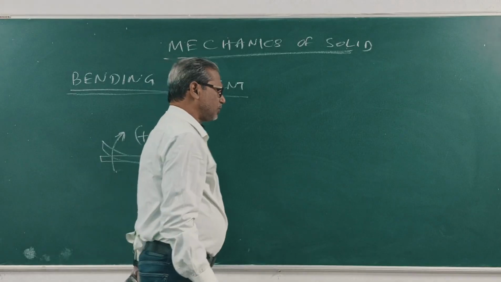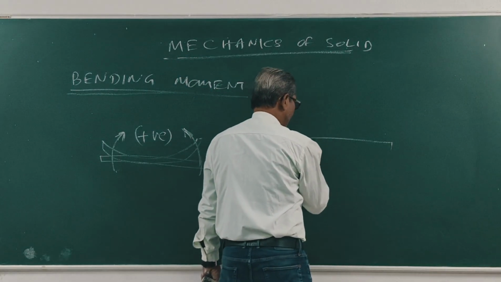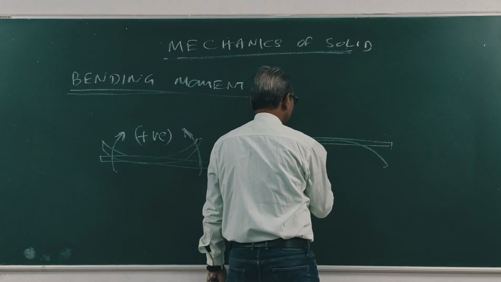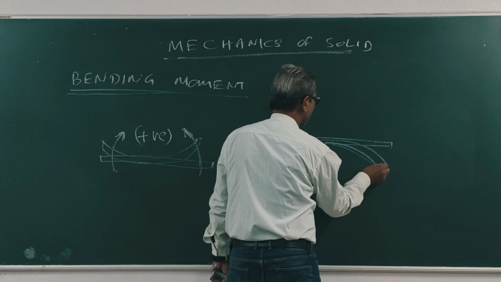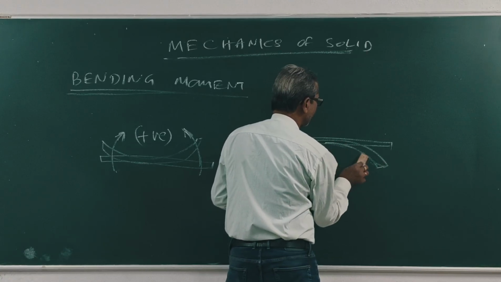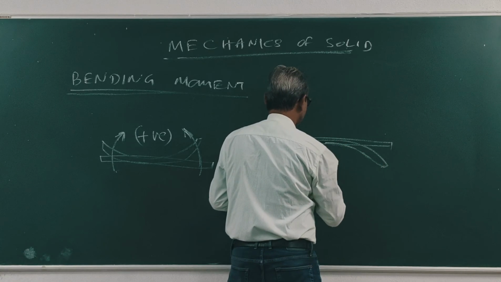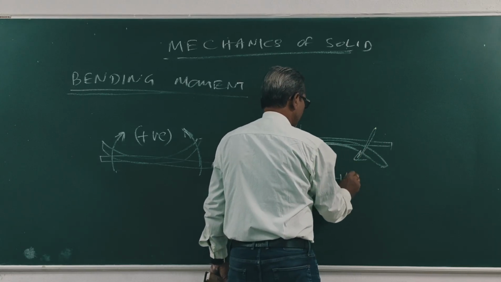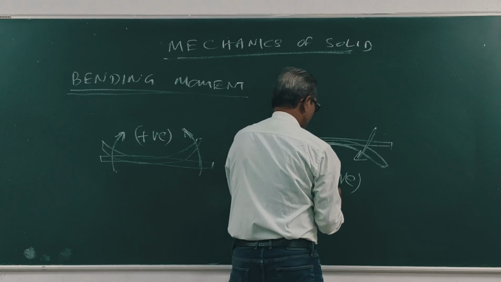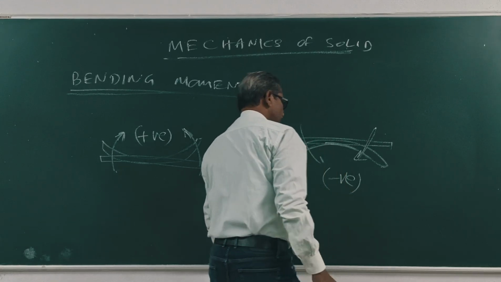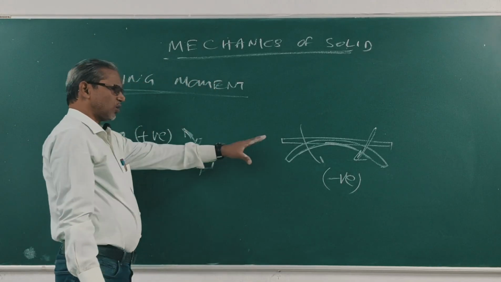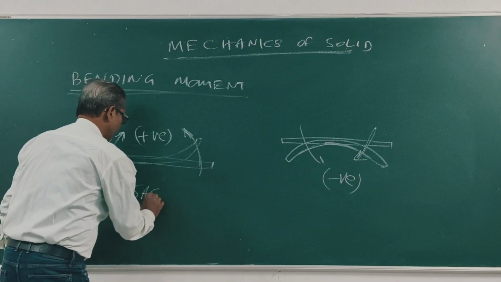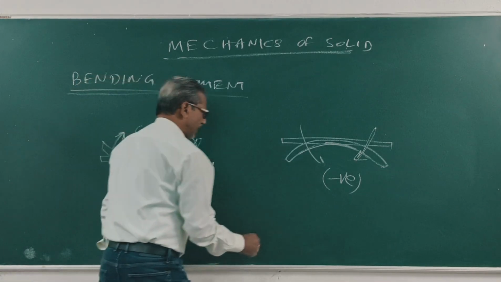Concavity at the top is positive. Similarly, convexity at the top is negative. Concavity at the top positive, convexity at the top negative. That means this is called sagging. This is called hogging.